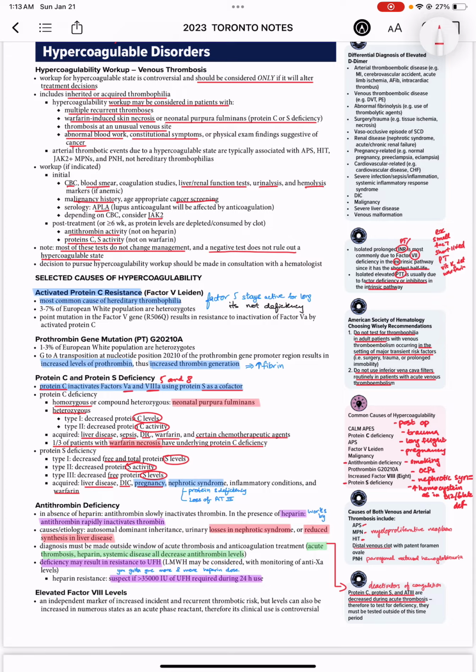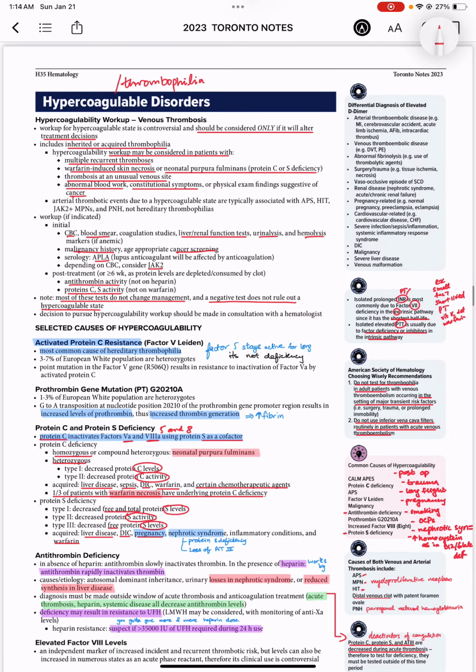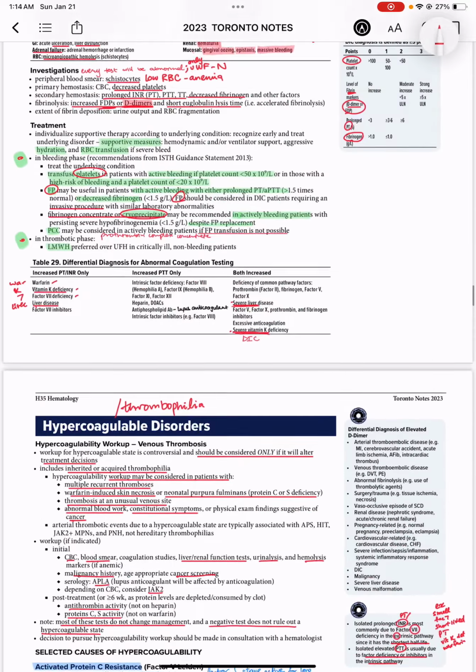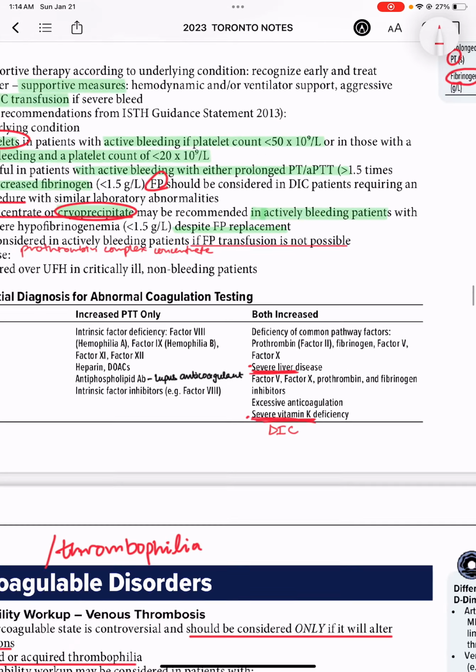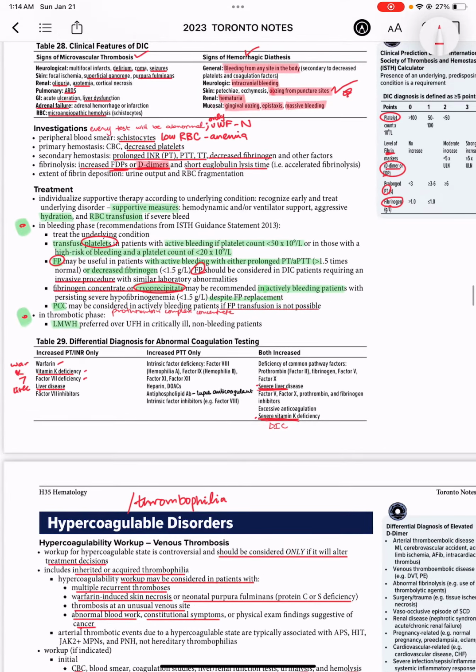It is prolonged. That is where it is a hypercoagulable state. That is a totally different story, but just clearing it up over here that factor 5 deficiency would increase both PT and PTT. And liver disease and vitamin K deficiency, if it gets severe, then we'll see changes in the PTT levels also. Factor 5, factor 10, prothrombin and fibrinogen, their deficiency, as well as their inhibitors and excessive anticoagulation going on, then we'll have both of them increased.